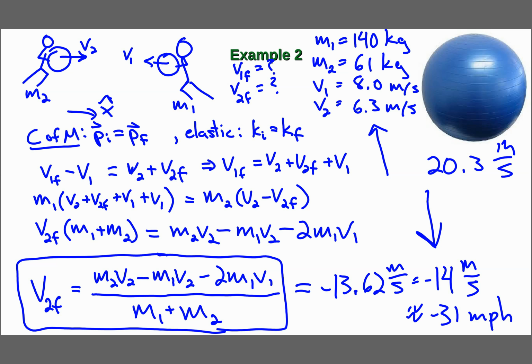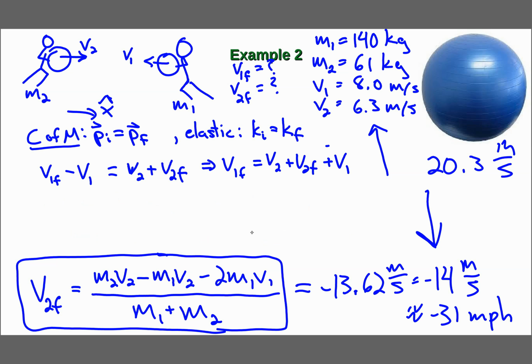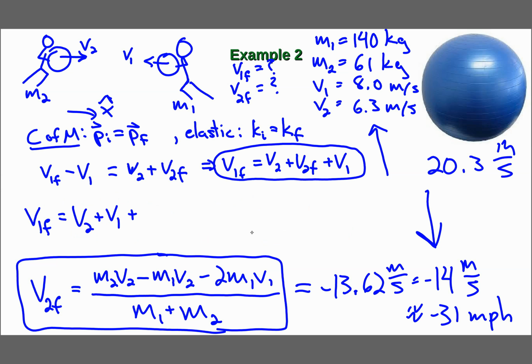Now, for my velocity, we can just take this equation right here and substitute out v2f, and we get v1f equals v2 plus v1 plus, and then v2f is all of this stuff down here.